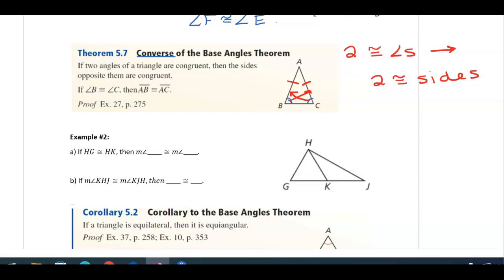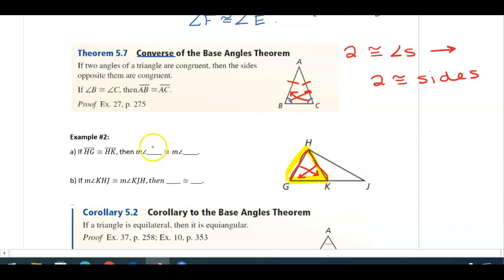If I look at example 2, it says HG is congruent to HK. Those are two sides of this triangle right there. If those two sides are congruent, remember, I'm only looking at this triangle here, then the opposite angles would also have to be congruent.